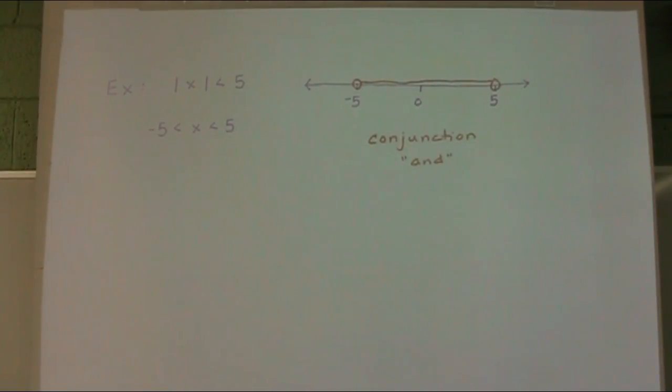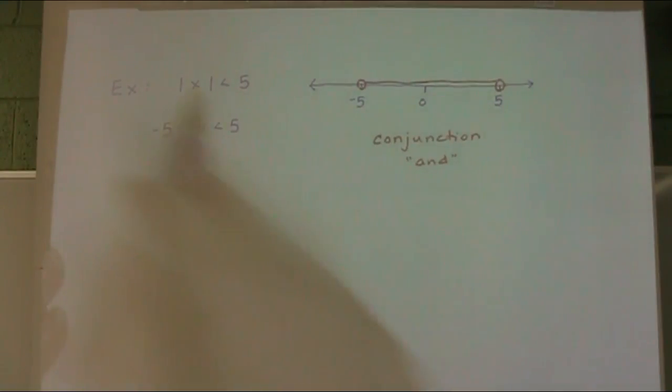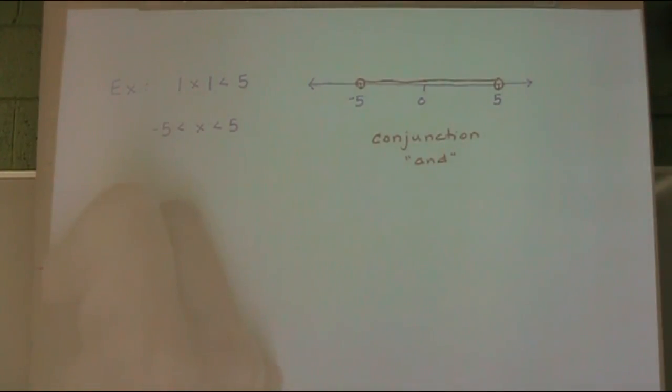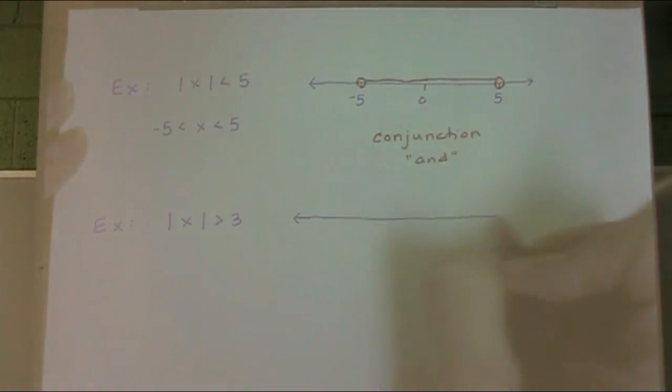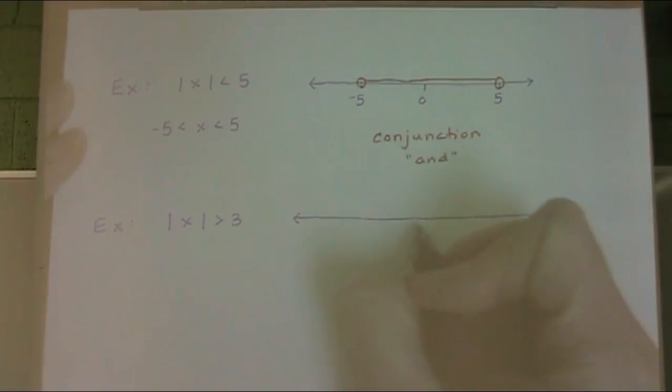Let's do another example, and this time we're going to do a greater than example. So I have absolute value of x is greater than 3. We're going to do the same thing with the number line and see what works. I'm going to put my 0 here, and since we're working with 3, I'm going to put my 3 in here.